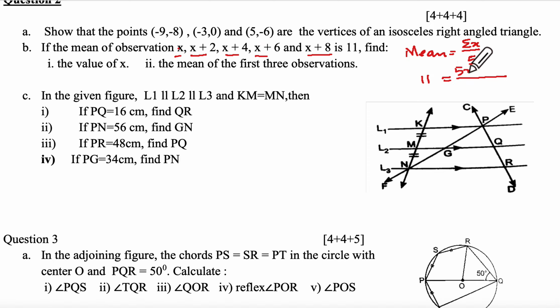So it will be 5x plus 2, 6, 12, 20. And this is 11. So upon 5. So 55 minus 20 equal to 5x. Can we proceed to do this? Tell fast. You can, right?